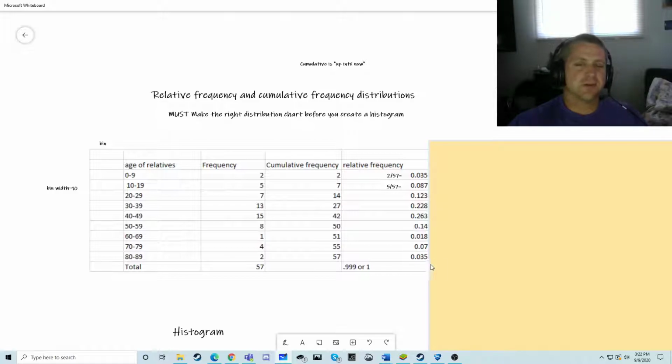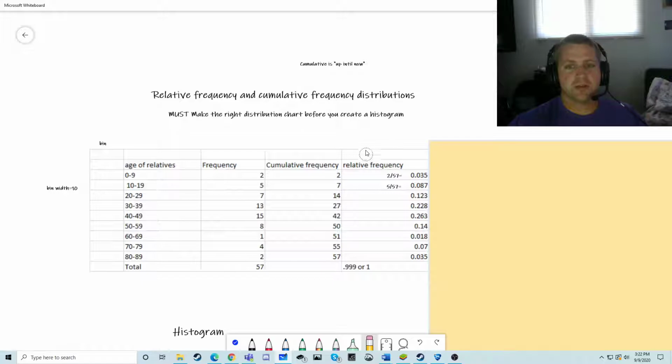I did all this in Excel really quick. And then of course the percent, and when you get all the percents, it's 1. You might be thinking, this doesn't show a percent. Well, to get a percent, you just take the decimal times 100. These are actually in proportions. If it's written as a decimal, you call it a proportion.